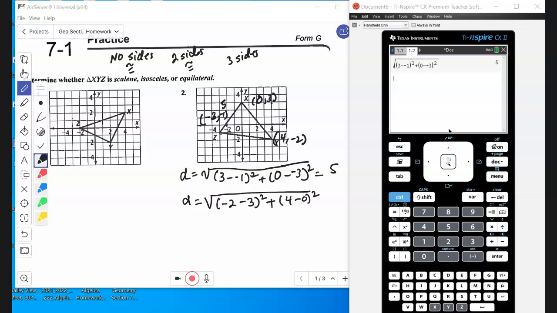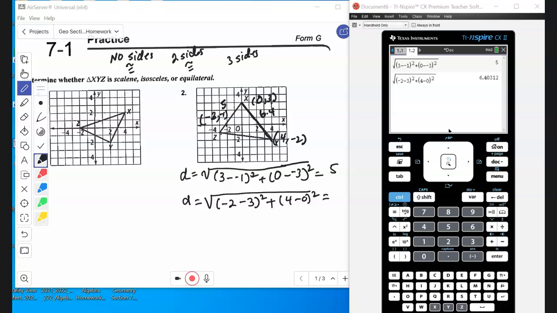So let's go ahead and do that. I'm going to round it off to the nearest tenth. I typed it into the calculator, so I got 6.4.